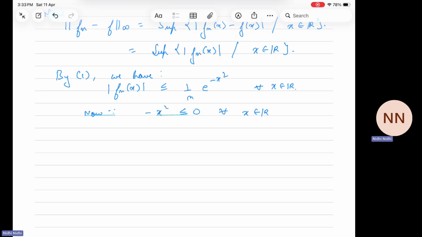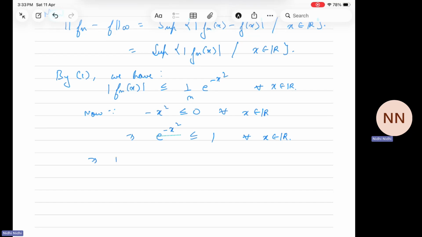Taking the square of a real number is always positive, so minus x square will always be negative. Now we know that the exponential function is an increasing function. This tells us that e to the power minus x square will be less than or equal to e to the power 0, which is actually equal to 1. And this will happen for every x in R.